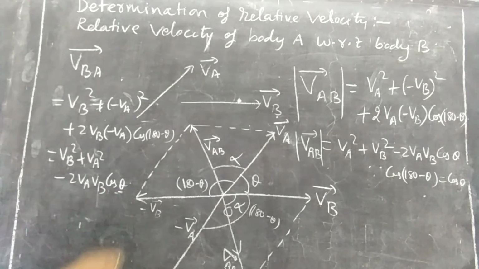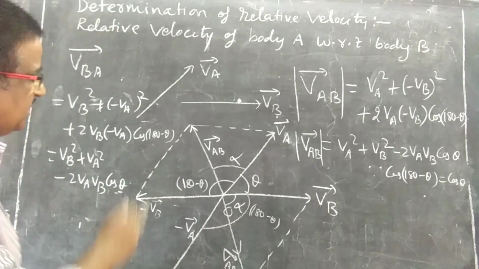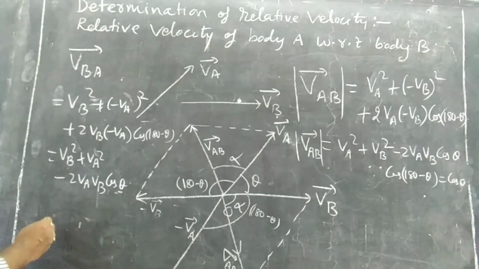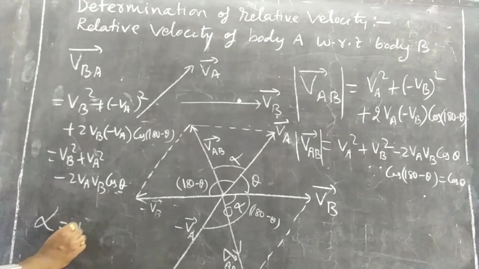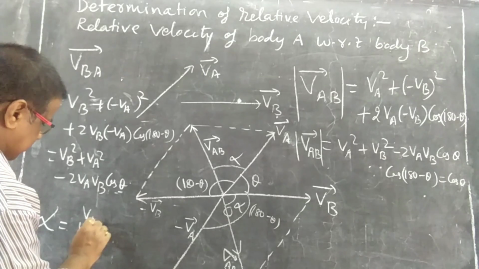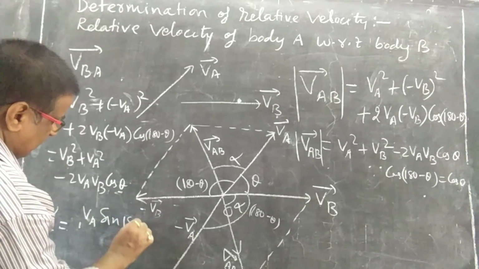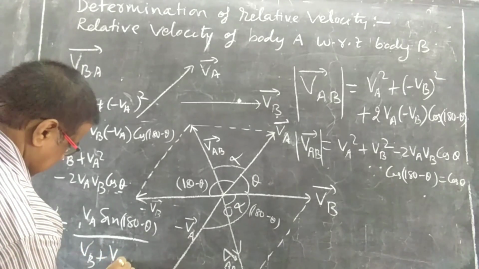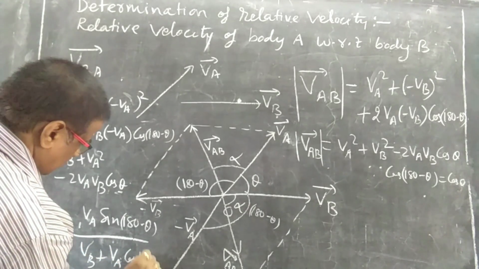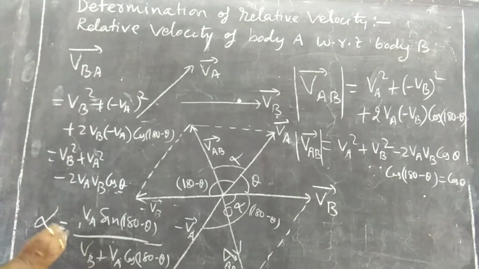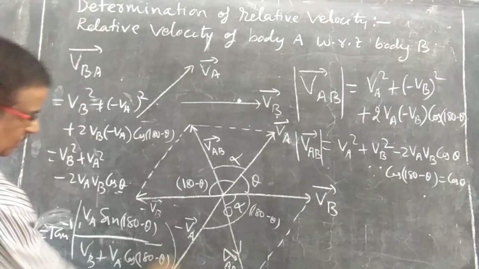The magnitude will be the same, but the direction will be opposite. And you will calculate alpha equal to tan inverse of VA sin 180 minus theta divided by VB plus VA cos 180 minus theta. So here there will be a change in the angle.